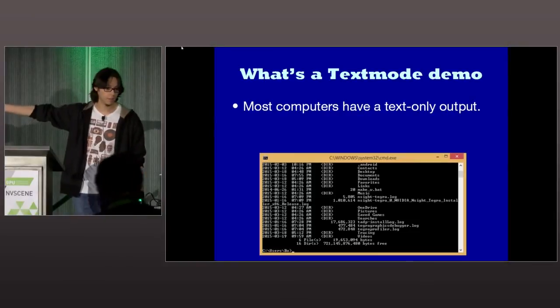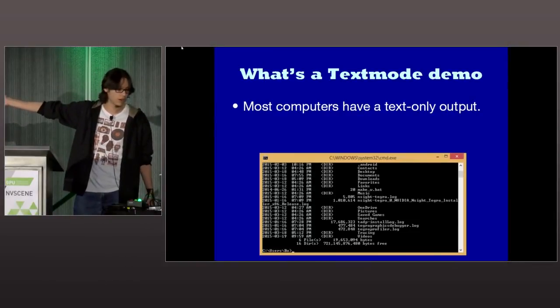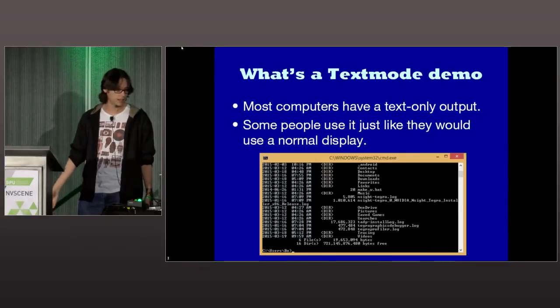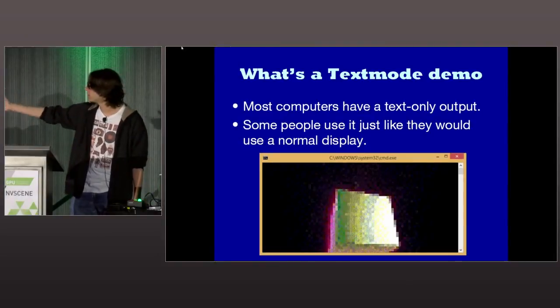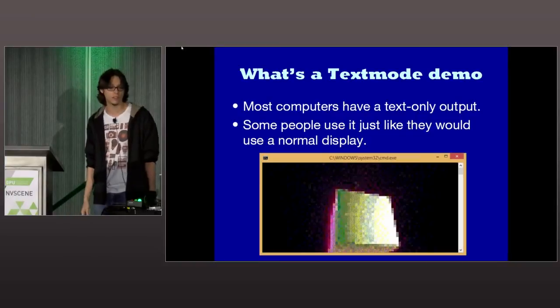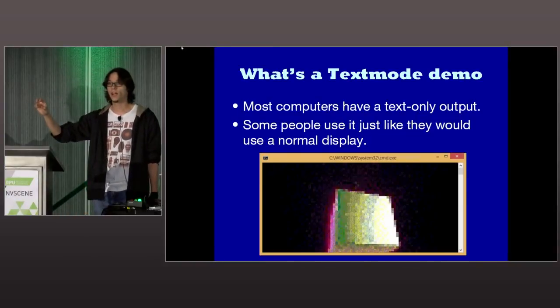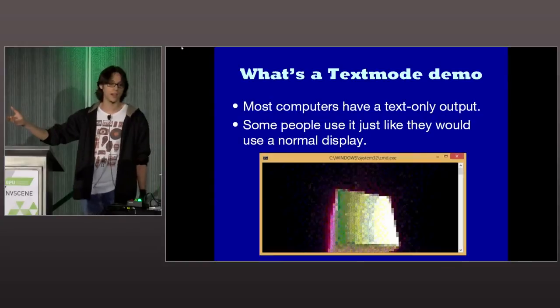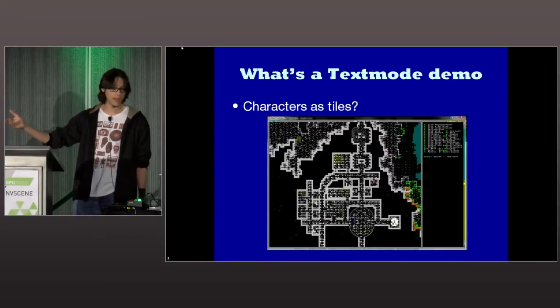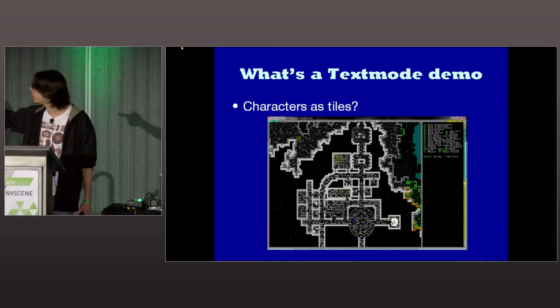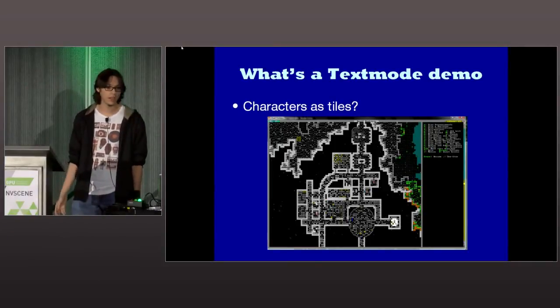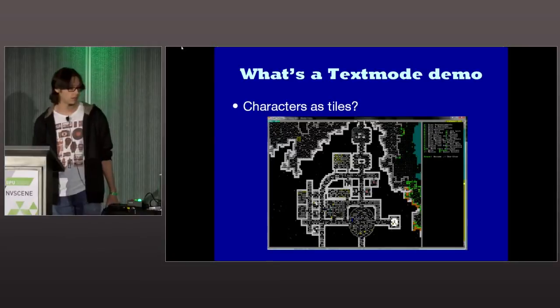So you can see your regular output, and some people would, like I said, make demos out of that, so it gives you graphics, which are basically using every character just like you would use a tile. For example, there have been games made like that. For example, here is Dwarf Fortress that uses characters like they would use tiles, like for example in the Super NES or stuff like that.